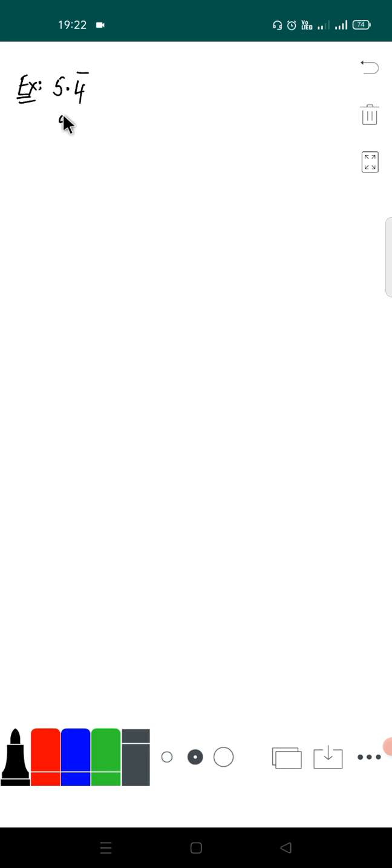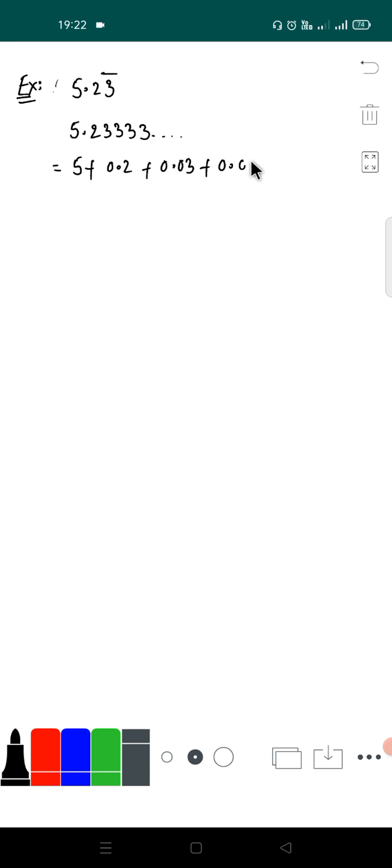Let's take some other complicated one, not as simple as this. 5.23 bar, where the bar is only for 3, so we have the number 5.23333 and so on. So this one is 5 plus 0.2 plus 0.03 plus 0.003 plus and so on.